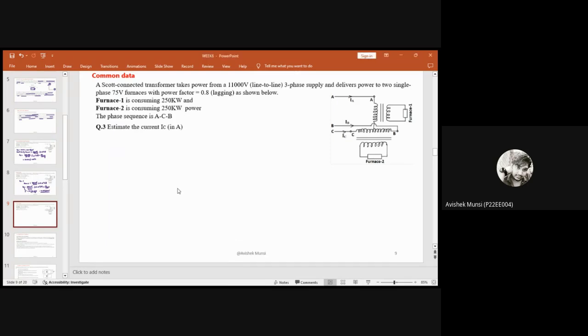Now, similarly, if you have to solve IC, see this question, IC will be minus of this. We are applying KCL here. The total current minus IA.